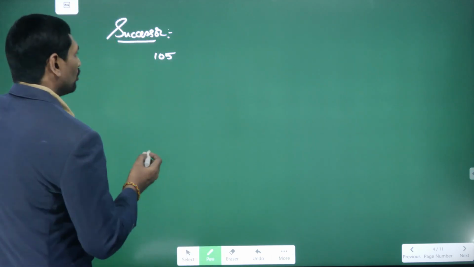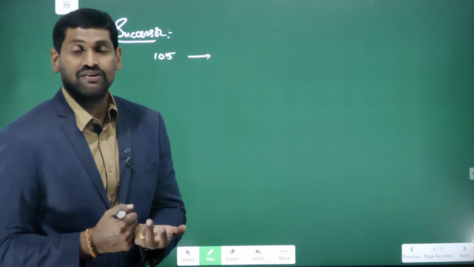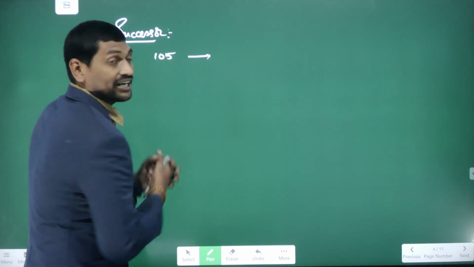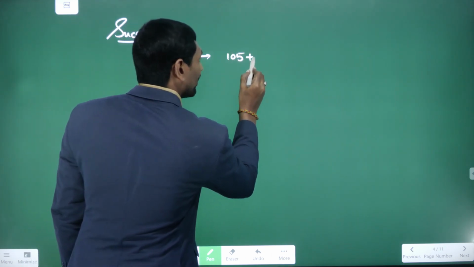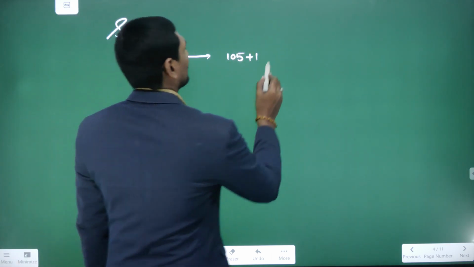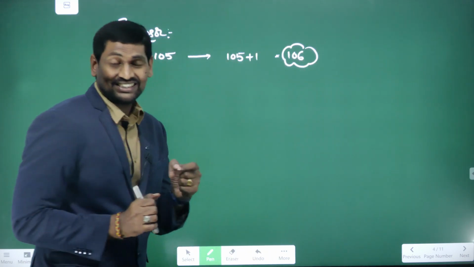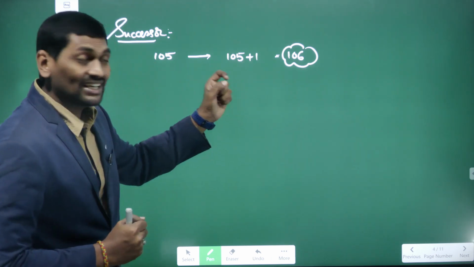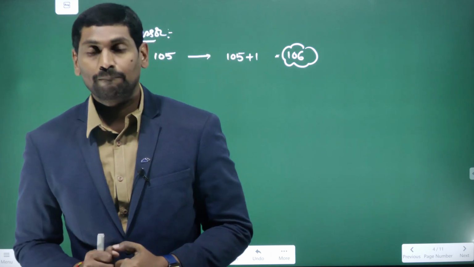If you take the successor of 105, I want the immediately next number, so we add 1. 105 plus 1 gives 106. So 106 is the successor of 105, the immediately next number.